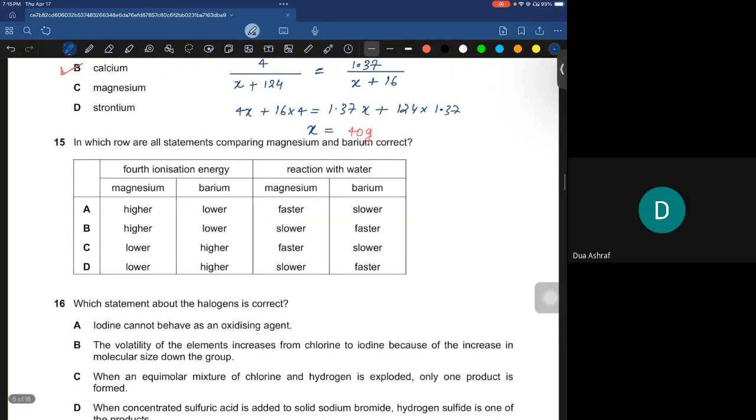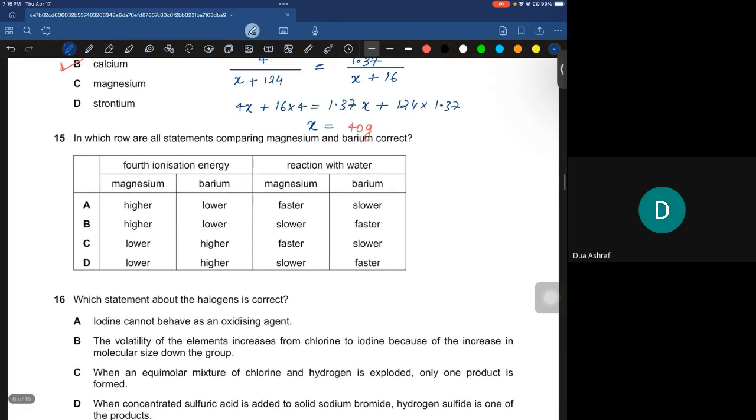Question 15 says in which row are all the statements comparing magnesium and barium correct? So we can say that fourth ionization energy.